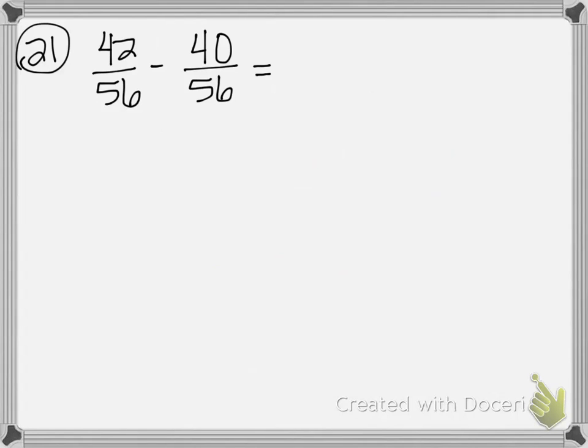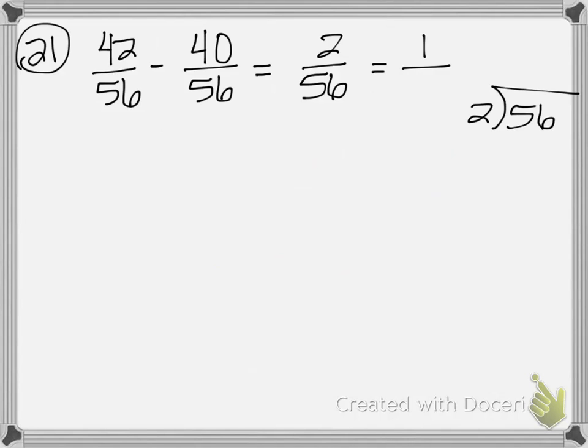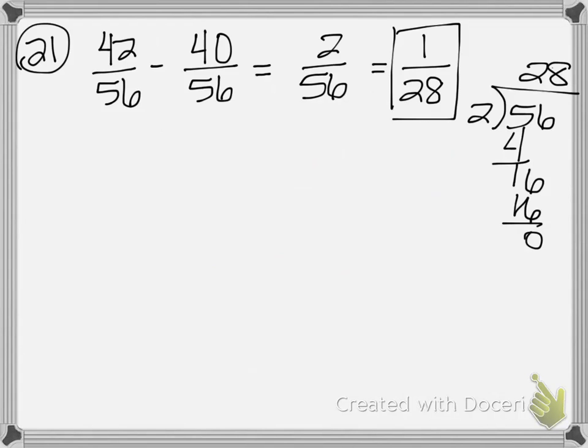So that's going to give me an answer of 2 over 56, which definitely reduces to what? 2 goes into 2 one time, and 2 goes into 56 how many times? 28 times. So it looks like 1 over 28 would be my final answer on 21.